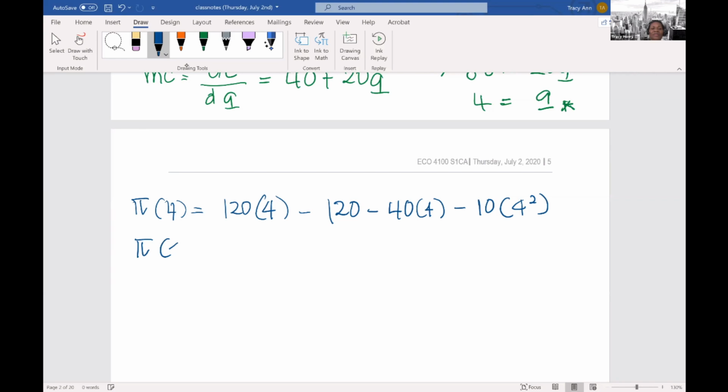So my profit at 4 is equal to, I use my trusty calculator, 120 times 4, memory plus, 120, memory minus, 40 times 4, memory minus, 4 times 4 times 10.